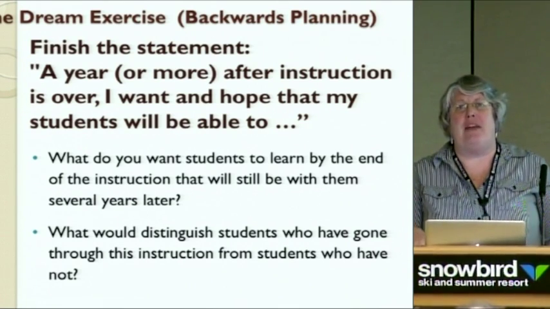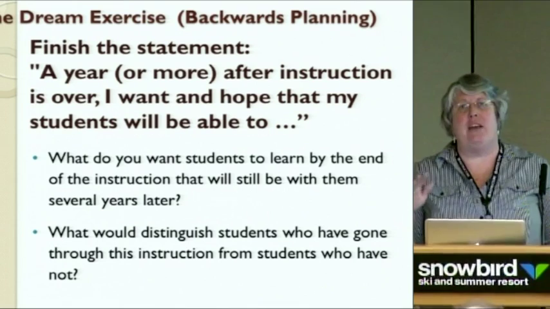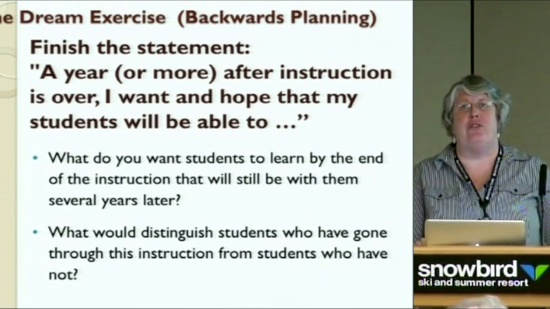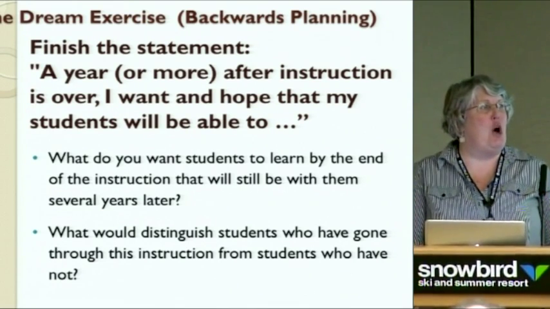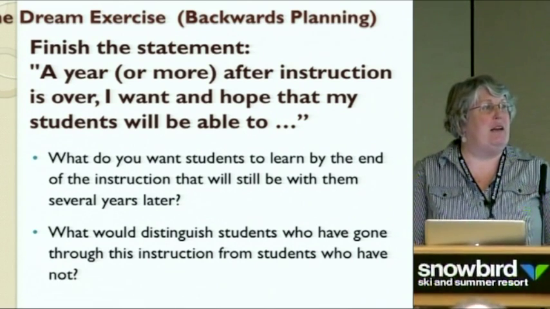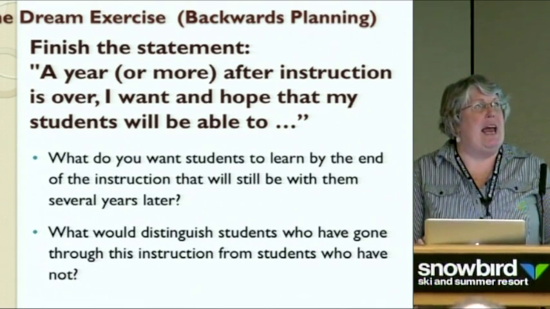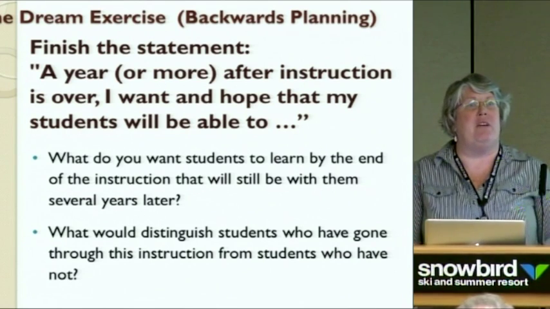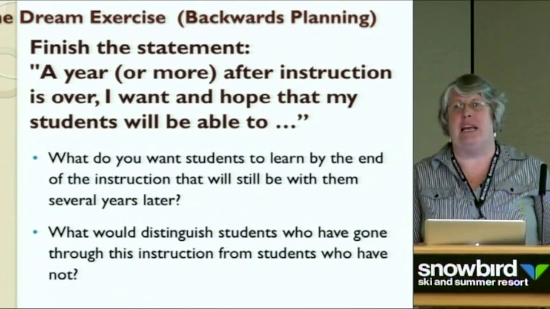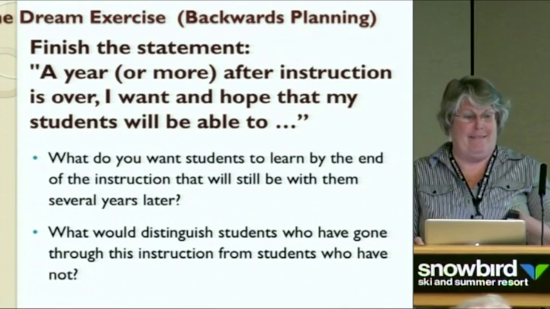In the best of all worlds, at the end of a course, what do you want your students to be able to do, to know, or to be? This is a goal. It's a vision. It's very broad. So take 1 minute. I'm going to time you.